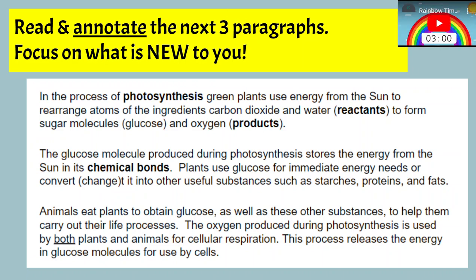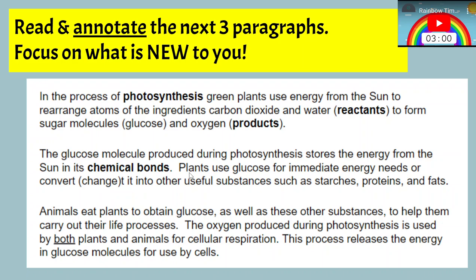All right, so then our second paragraph is the glucose molecule produced during photosynthesis stores the energy from the sun in its chemical bonds. So we'll break this down. The glucose, so that sugar that is produced, just stores the energy from the sun. So we have radiant energy from the sun, or we might have chemical energy in the chemical bonds.